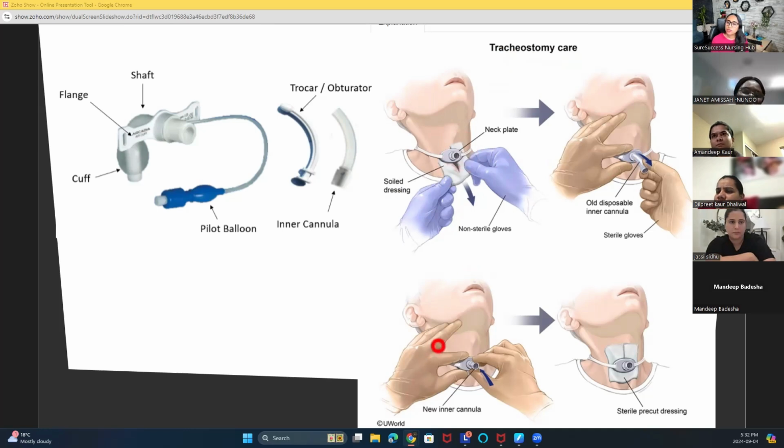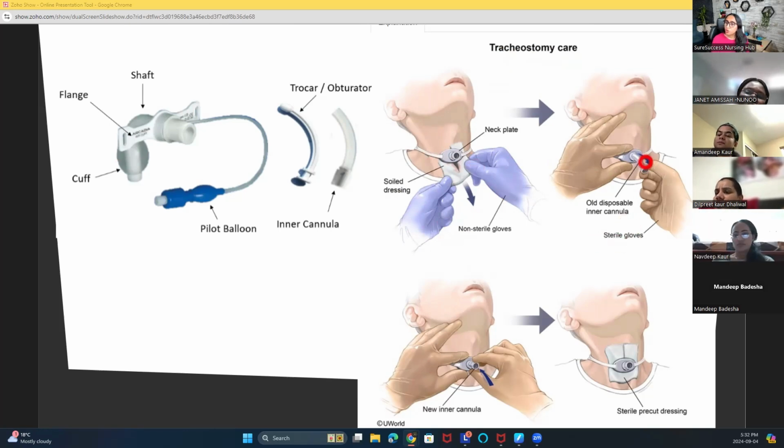For example, you are wearing sterile gloves and you are touching the old dressing. Do you think your gloves are still sterile? No, not anymore. So, students, use non-sterile gloves to remove the old dressing. Then put the sterile gloves on.